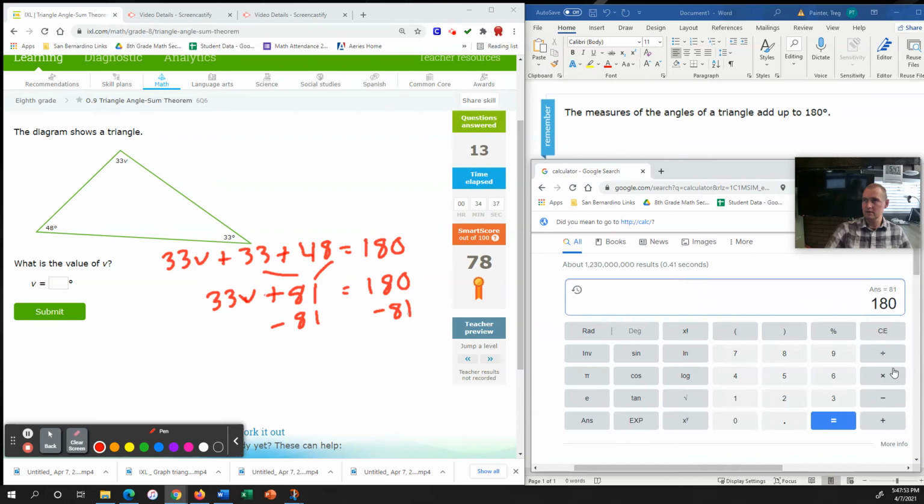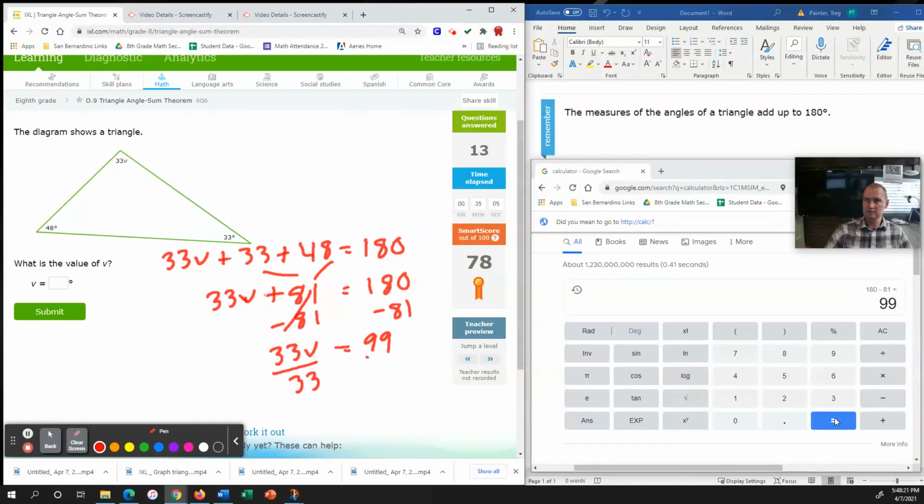Because if we have 180, subtract just a little bit more of 81. And it takes us to 99, so that's good. All right, 33v, 81s are out. 33v, just carry it down. Equals 180 minus 81 is 99. Nice. 33 times what gives you 99?